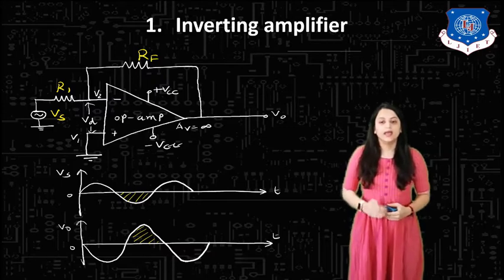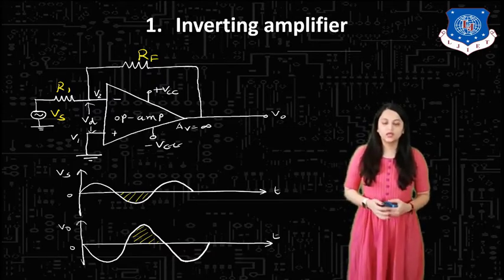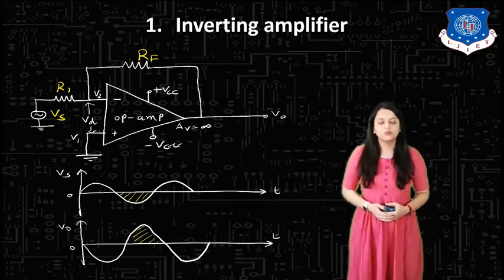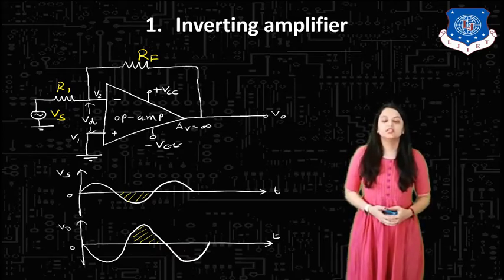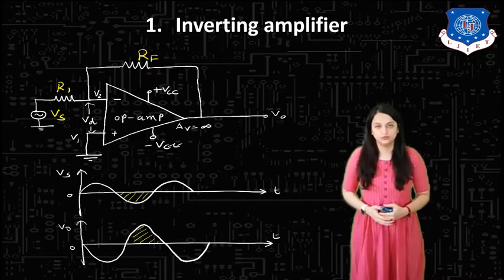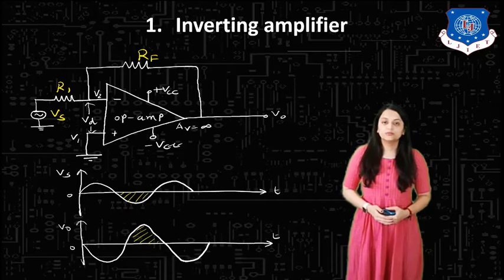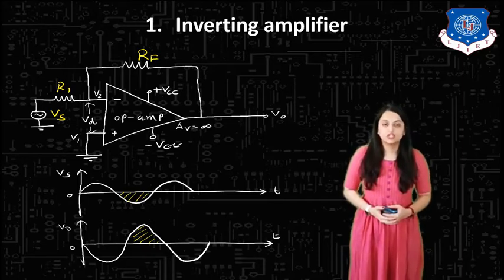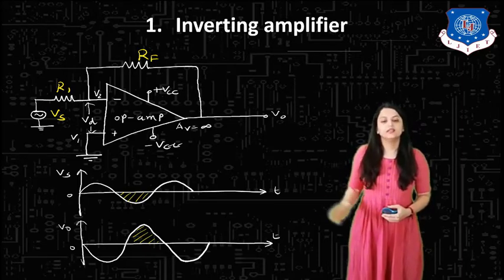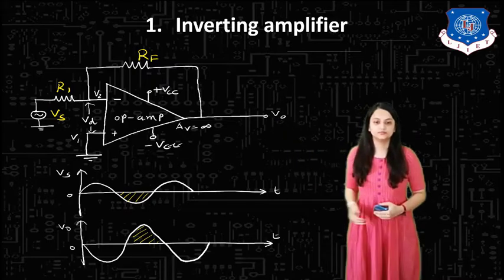Here, at the non-inverting terminal, the voltage is V1. At the inverting terminal, the voltage is V2. The differential voltage between these two terminals is called Vd, that is V1 minus V2. Here, plus Vcc and minus Vee are given. It is assumed that the ideal voltage gain is infinite and the output is taken from here.